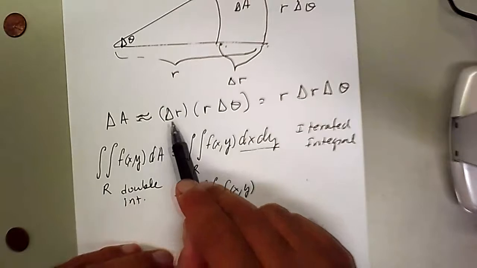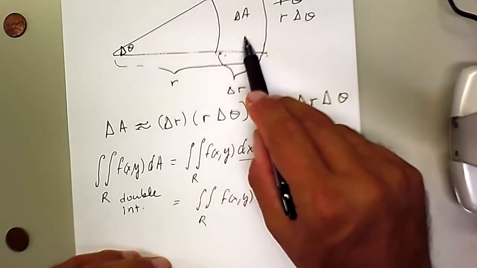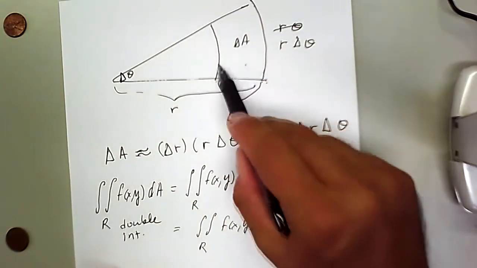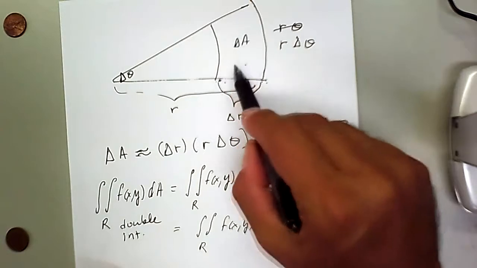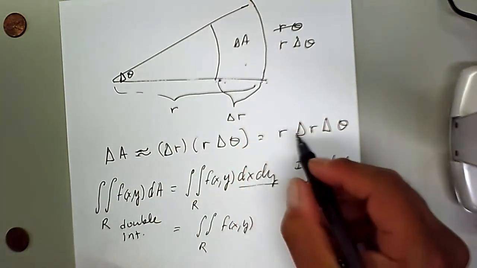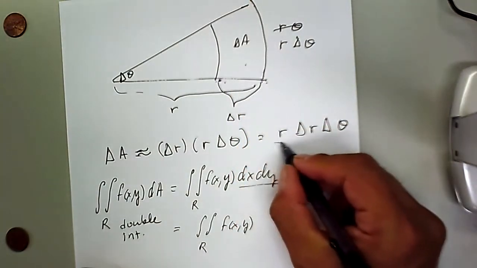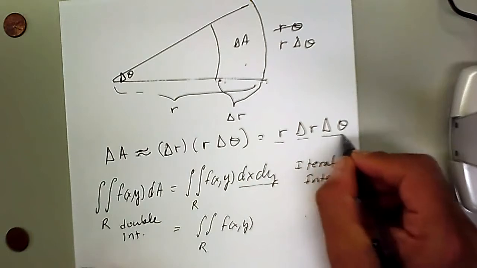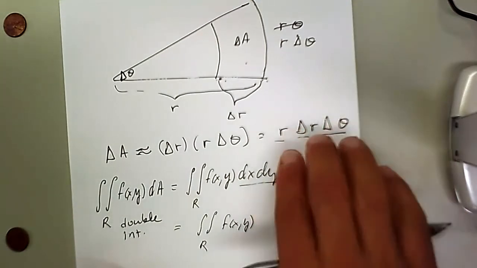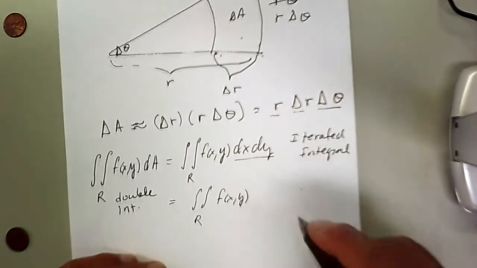But here, a regular little section of this area is going to be r delta r delta theta. So those three parts have to be involved in this integral.